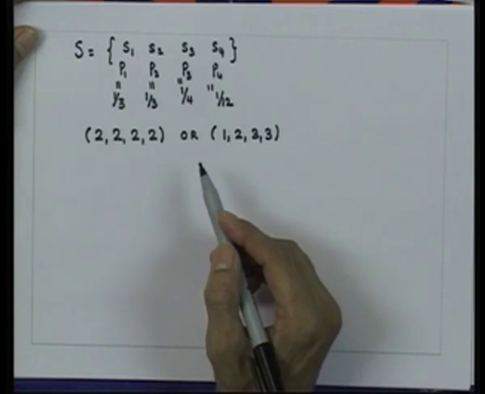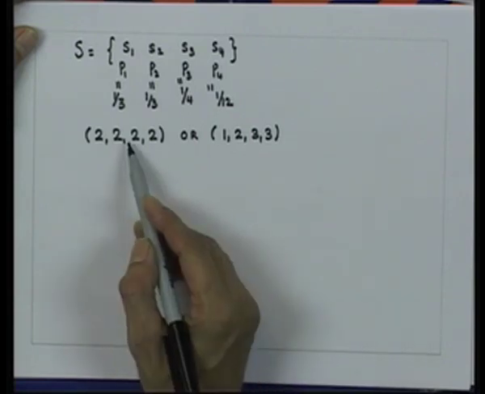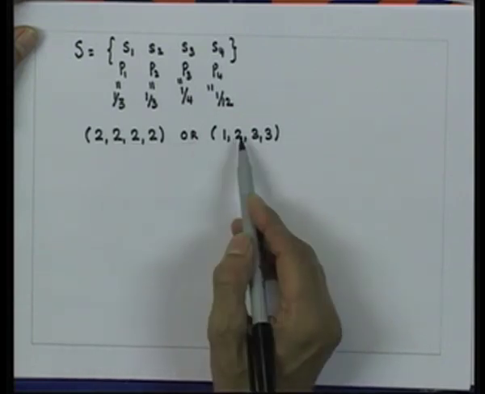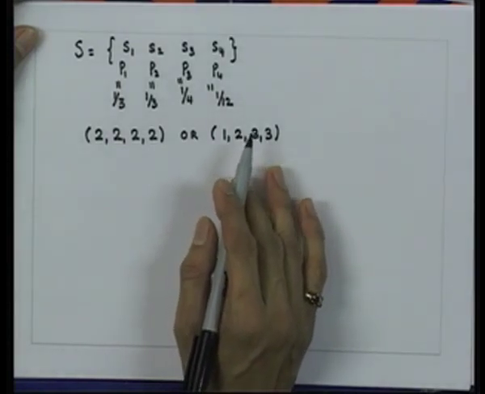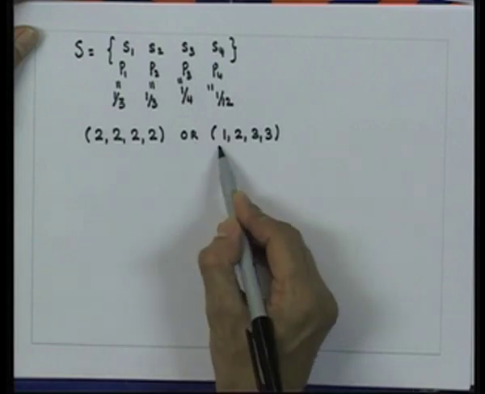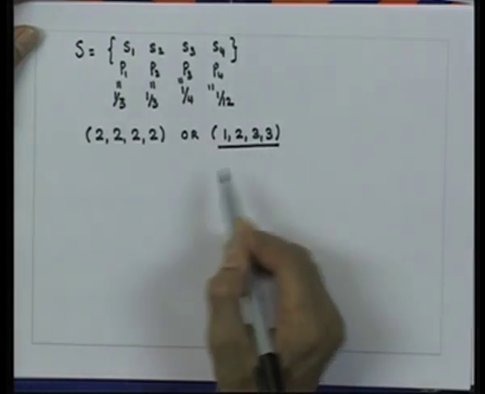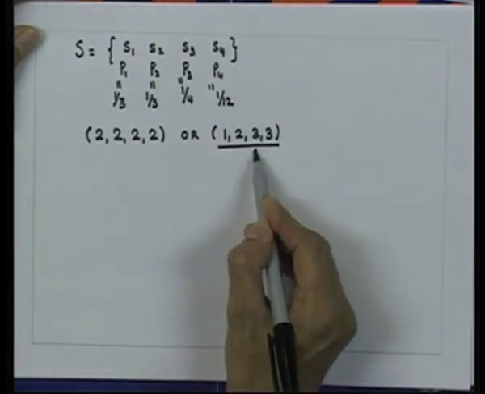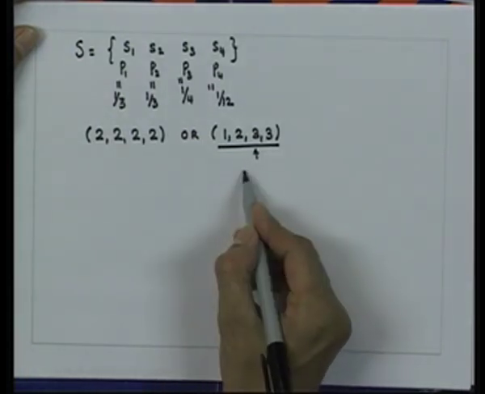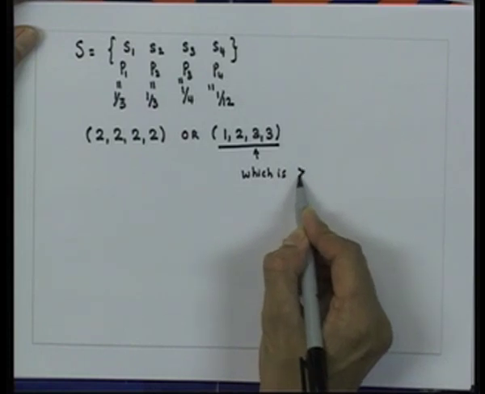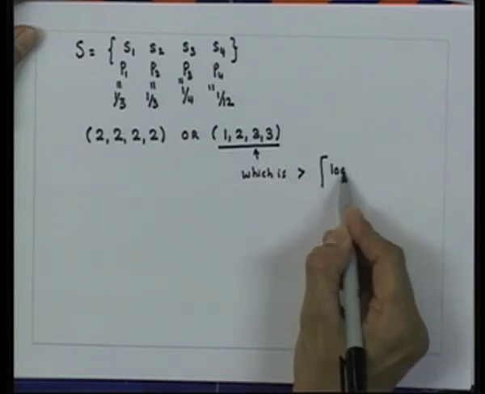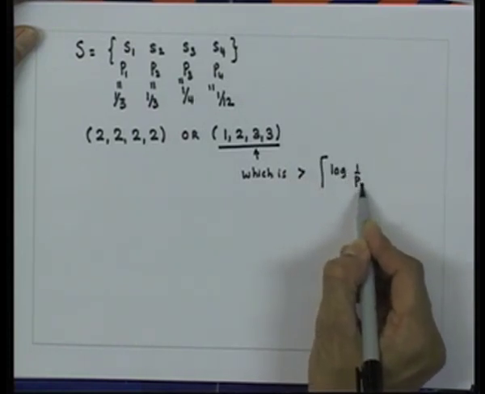To get this, we follow exactly the same procedure which we had discussed in the last class. Now, both these Huffman codes achieve the same expected code word length. In the second code, the third symbol has length 3, which is greater than log of 1 by P3.